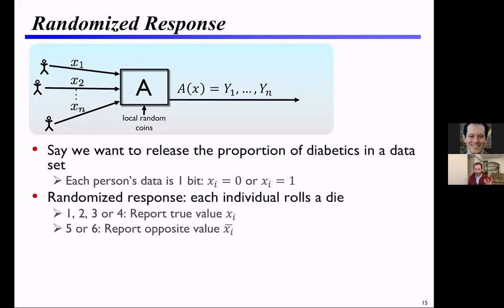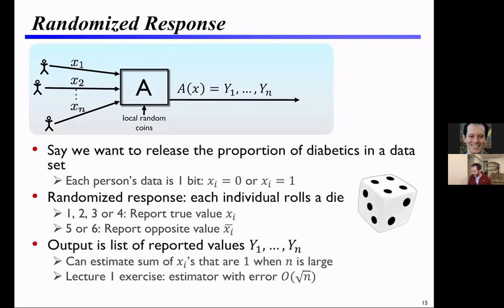We run the randomized response algorithm where each individual rolls a fair die. If the outcome is 1, 2, 3, or 4, we report their true value, so we set yi to be xi. If the outcome is 5 or 6, we report the opposite of their true value, the negation of xi. My output is this list of reported values, y1 through yn.